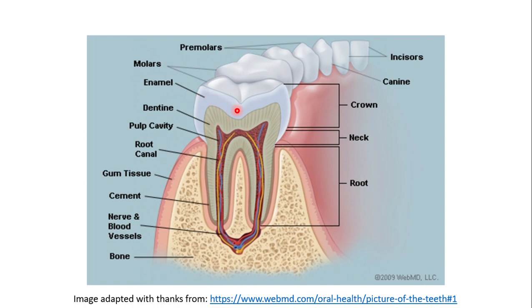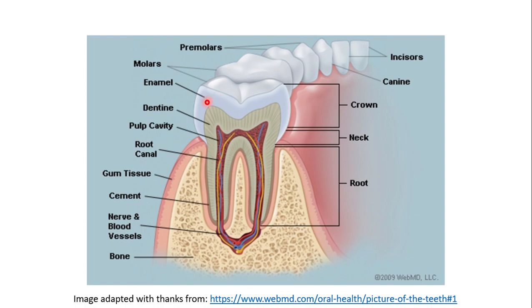So enamel, I hope you have understood what enamel is. Enamel is primarily composed of calcium phosphate and calcium carbonate, and it is harder than any other bone. This is not bone actually; this tissue is made up of calcium carbonate and calcium phosphate.